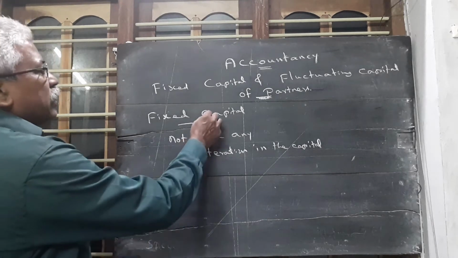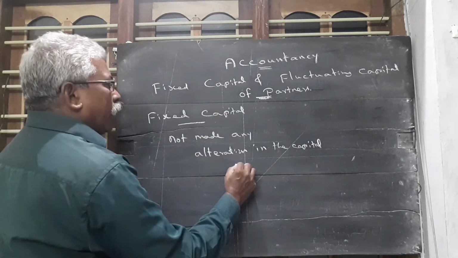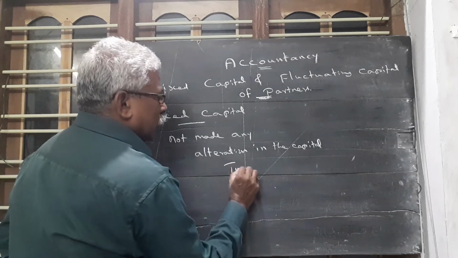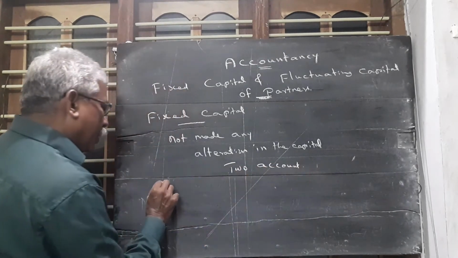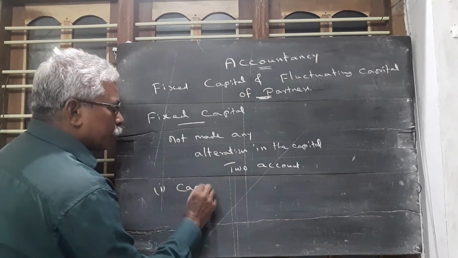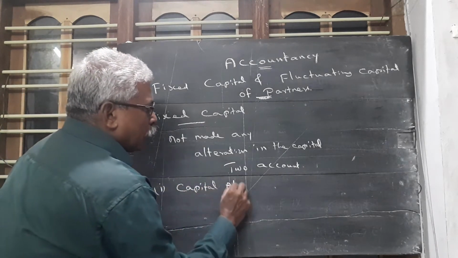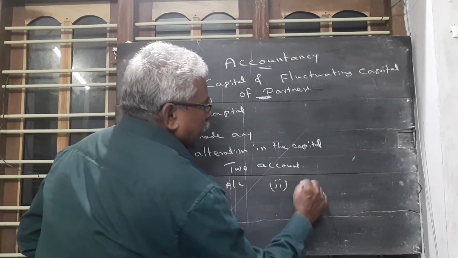So in the fixed capital method, the partners maintain two accounts. Number one, capital account. Number two, current account.